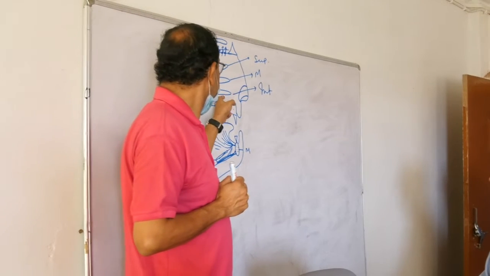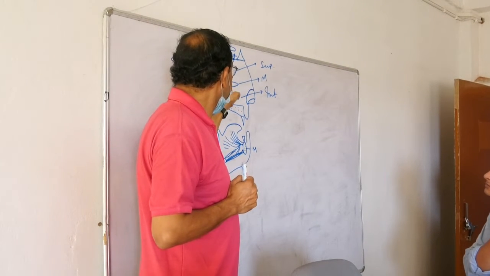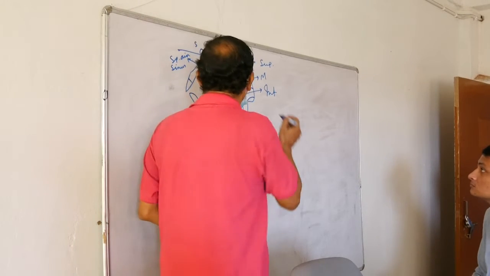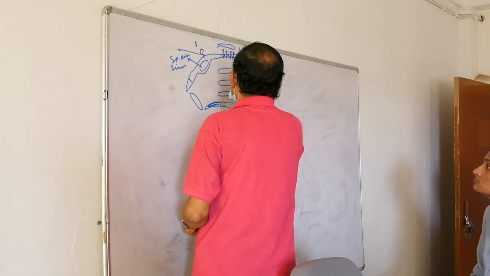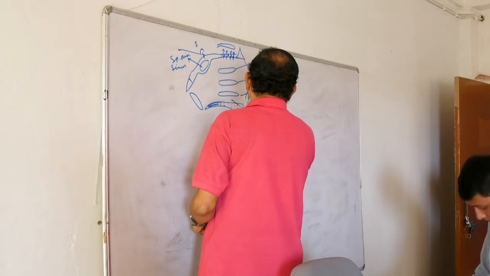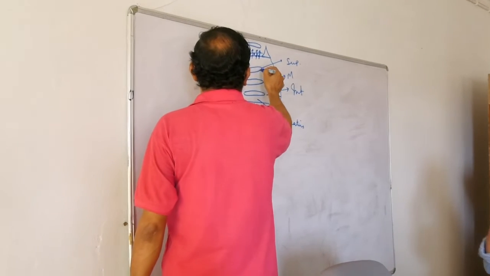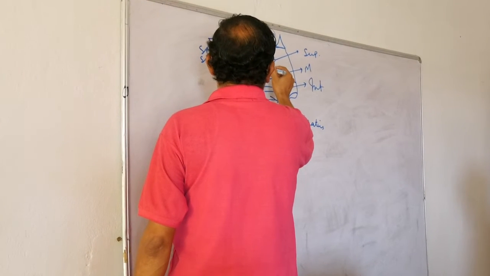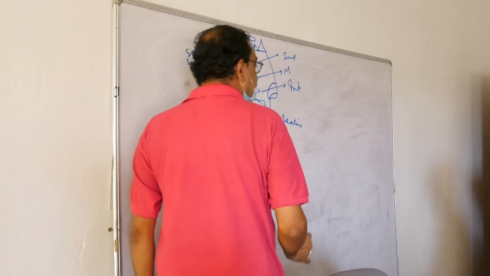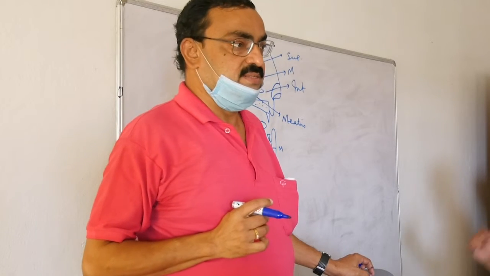And just below each and every turbinate, we get some opening, and we call them meatus. Like this is the superior; below the superior is the superior meatus, below the middle is the middle meatus, below the inferior is the inferior meatus.